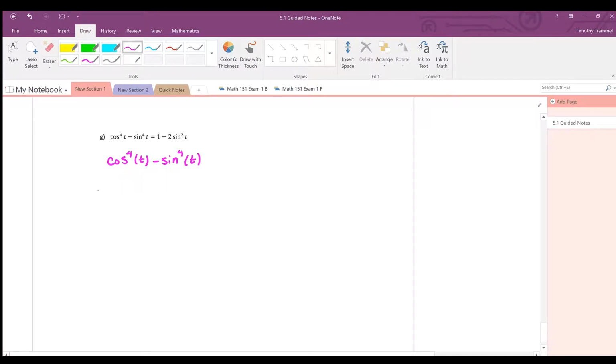And the first step here is really going to just look like this: cosine squared of t, squared. So all I've done here is I've rewritten cosine to the fourth of t. And let's see that Pythagorean identity. We have sine squared of t plus cosine squared of t is equal to 1.